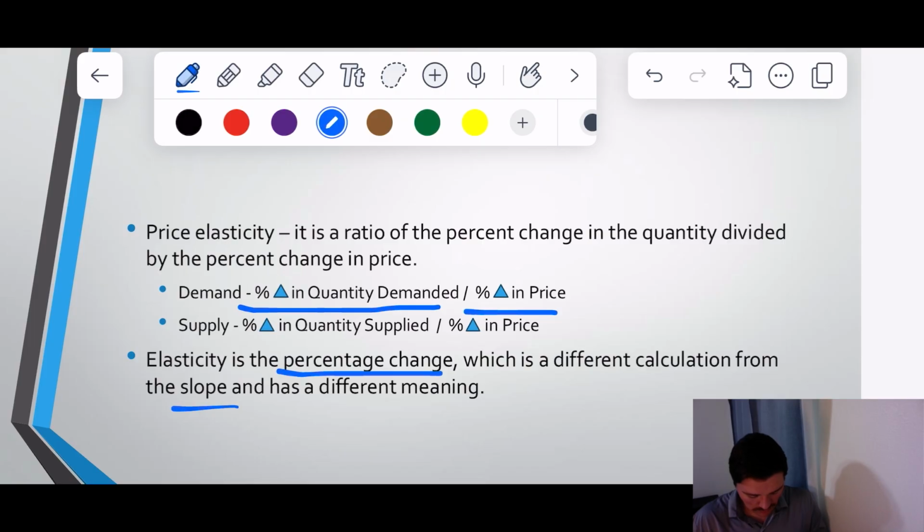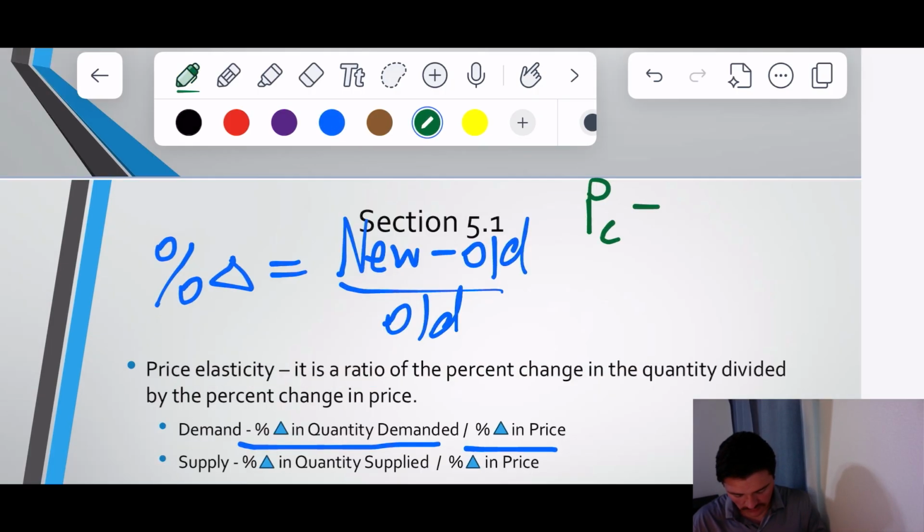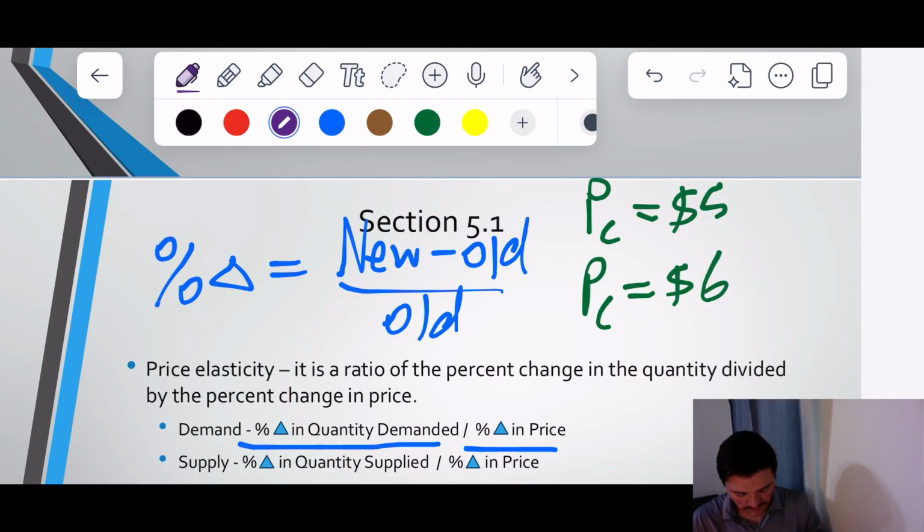Now, in all actuality, for percent change, we're going to use percent and we're going to use the triangle symbol, delta, which shows us change, like going from one point to another. What's that distance there? So the percent change formula is new minus old divided by old. As a quick example, if the price of your coffee was $5 and then the price changed to $6, this is your old price and this is your new price.